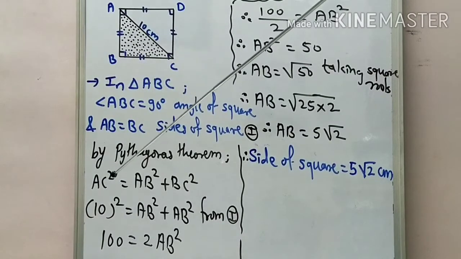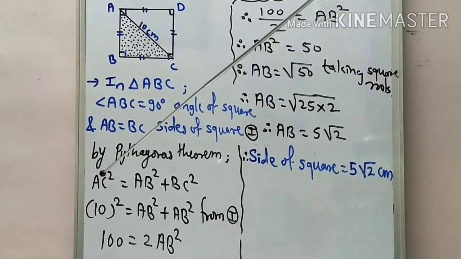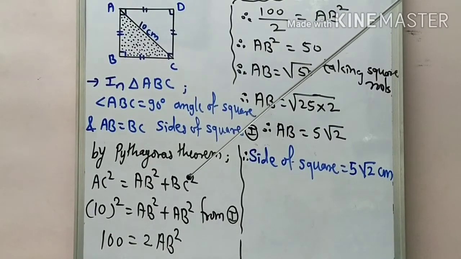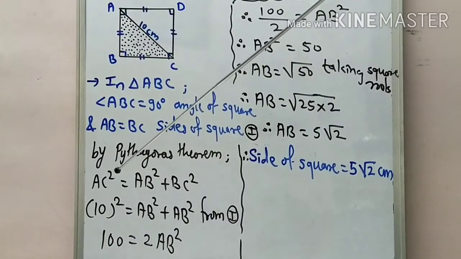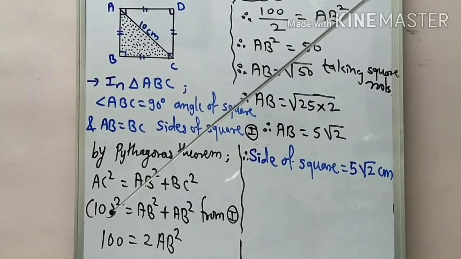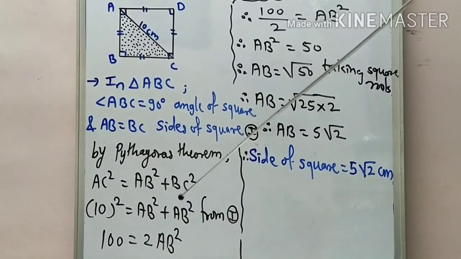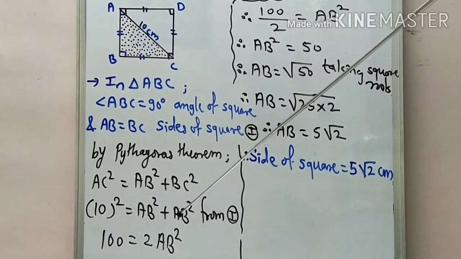The hypotenuse is AC, so AC square equals AB square plus BC square. It is given that the hypotenuse, the diagonal of the square, is 10 centimeter, so we put the value of AC as 10 square equal to AB square plus, replacing BC square with AB square.